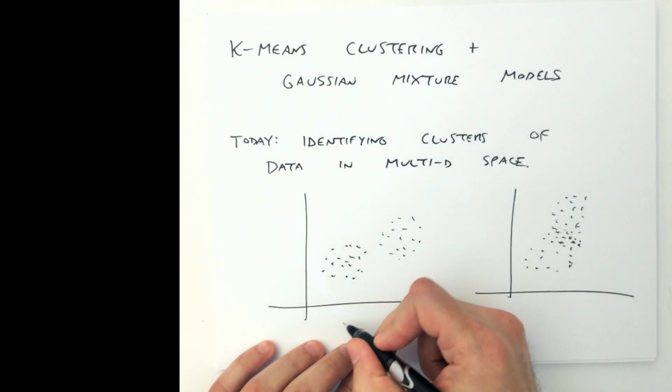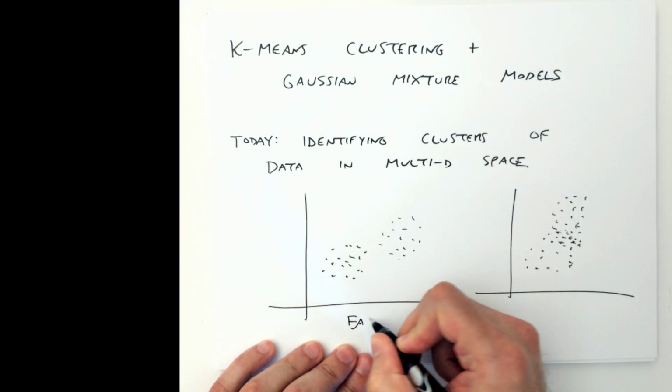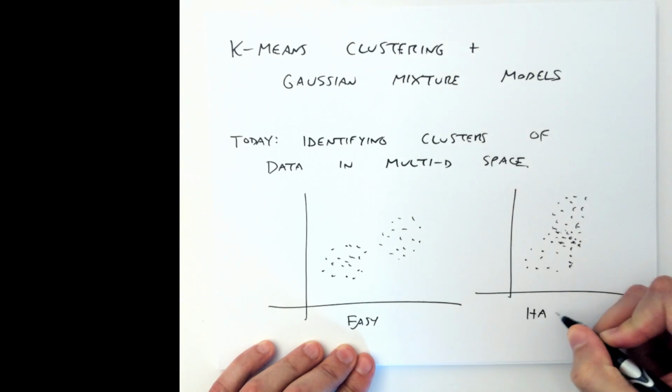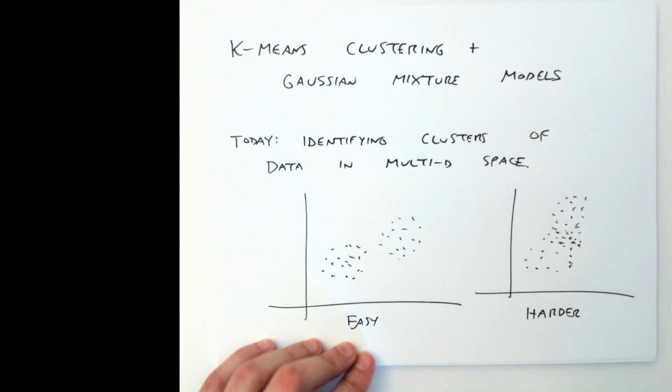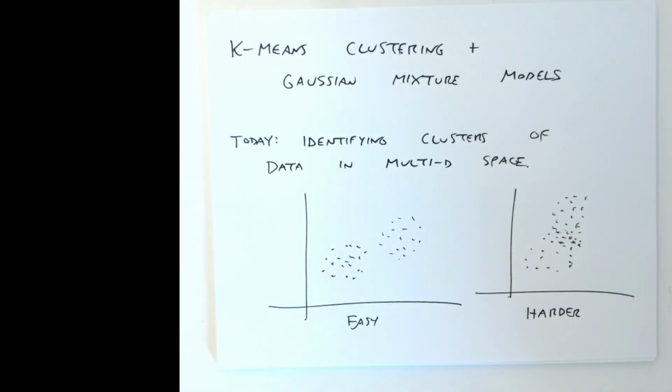So there are easy cases and there are harder cases. And so what we want to do is, first as a user, you decide how many clusters you want to look for in the data, 2 or more. And then you run an algorithm to decide how to assign each point to a given cluster and what represents a given cluster.